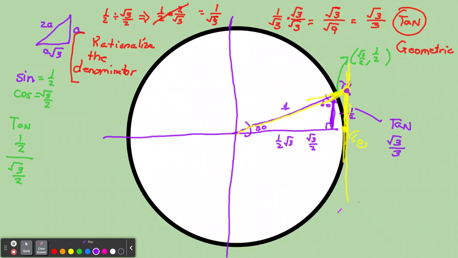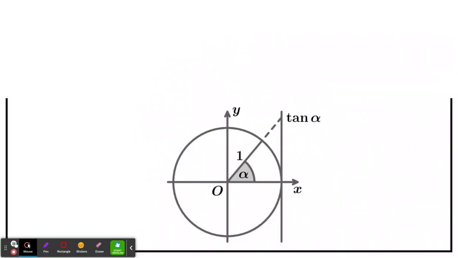So let me show you that again. Okay, here's a cleaner picture of it. And let's say right here that we had, in this case, angle alpha. It doesn't really matter what you're seeing. It just means we don't know what the degree is. So we're making our straight line down here. And then again, the tan line just touches the circle, as you're seeing it over here. And we extend out the slope of this angle.